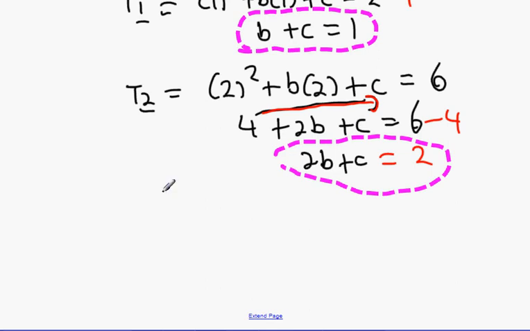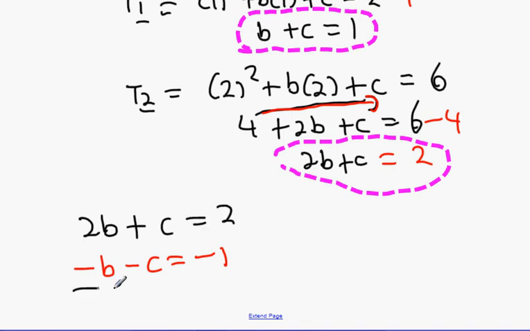Next, what we do is we need to change the first one into minus B minus C equals minus 1. This is so the C values cancel when I put them into a simultaneous equation. This now means B equals 1. If B equals 1, what's C?